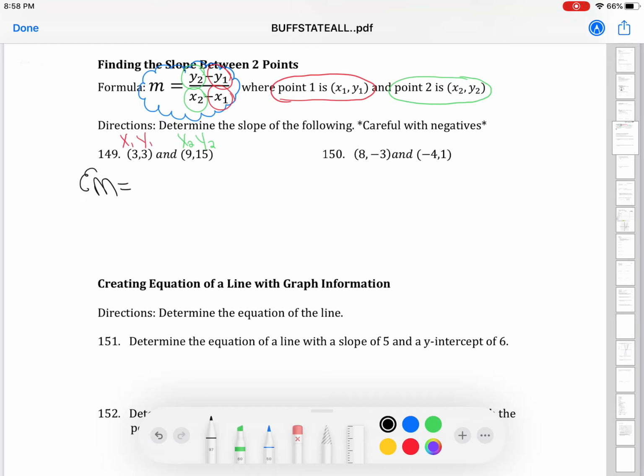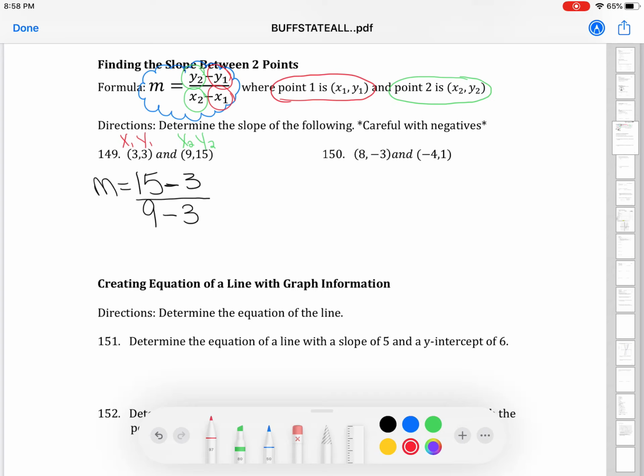So in my formula, I first bring down my m equals, remember, m represents slope, so that's the only reason that that's there. Slope is equal to, I plug in my y2 to start, which is 15, bring down the minus from the formula and plug in y1, which is 3, over, on the bottom of my formula is x2, so my x2 is 9, minus my x1, which is also 3.